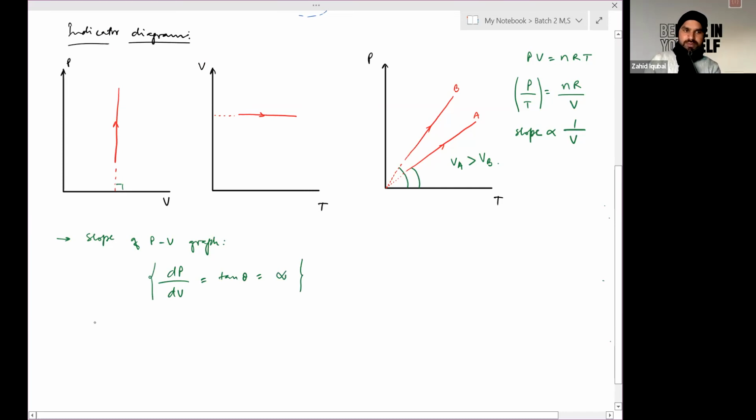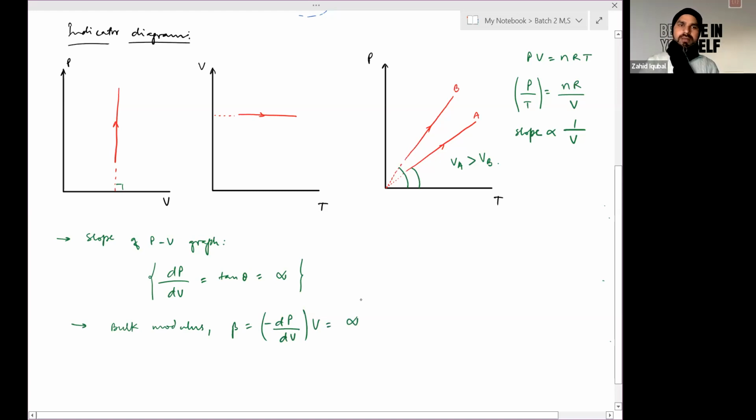Now related to this quantity, we may define bulk modulus. Beta equals minus dP by dV multiplied by volume. Since dP by dV is infinite, this entire term will be infinity.